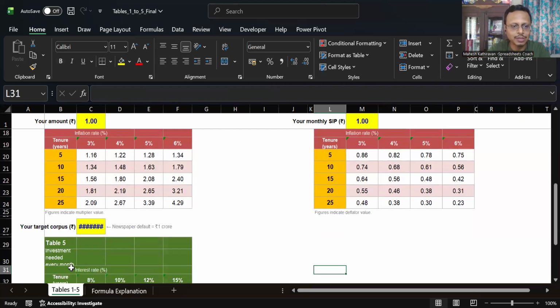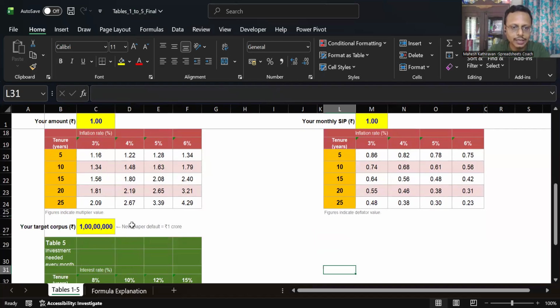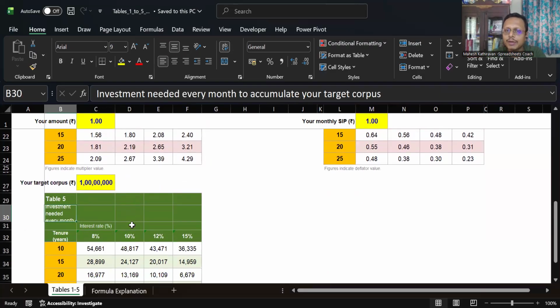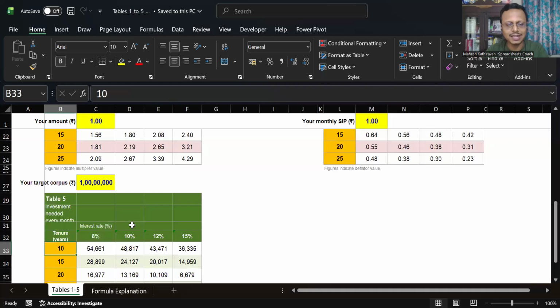And the last table, but not the least, is your target corpus. What is the investment needed every month to accumulate your target corpus? I have taken the target corpus as 1 crore, for 10 years, at an interest rate of 8%.